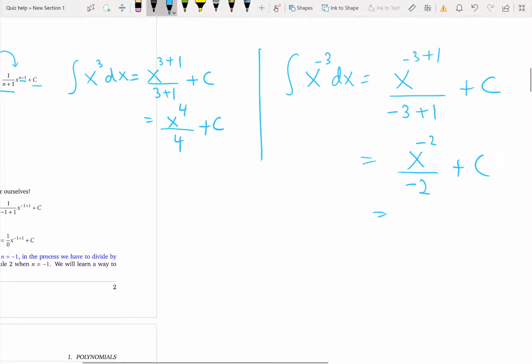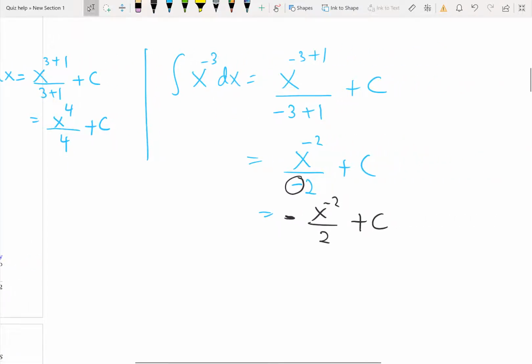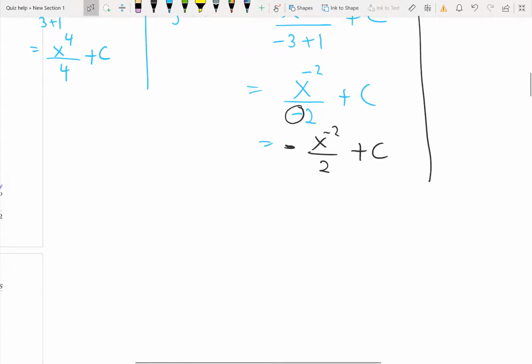Now we can bring this negative up front to everything. So here we can put that negative there, x to the negative 2, and this will be just 2. Let's do one more thing. Now I want to bring that x to the negative 2 to the denominator. Right now it's in the numerator, of course. How can you do that? When you bring this term to the denominator, the sign in the power, which is negative, is going to switch to positive.